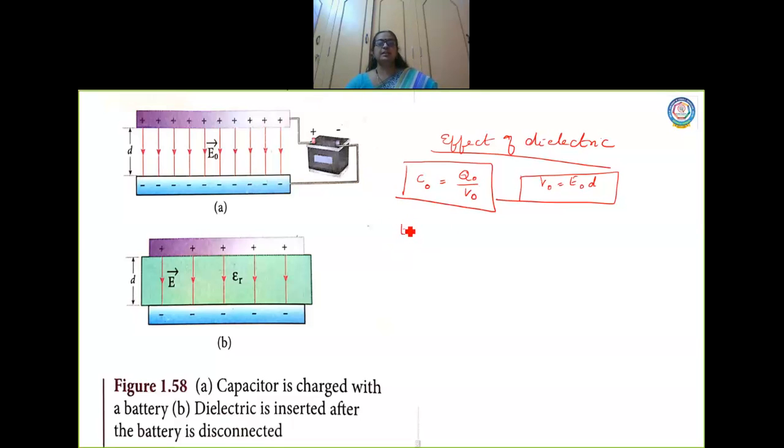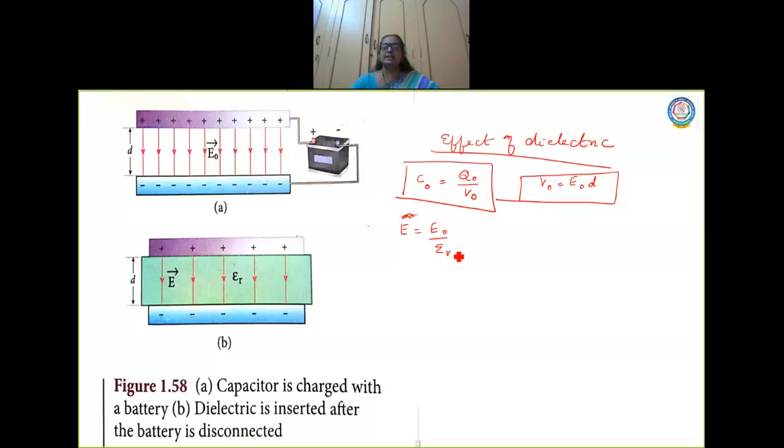The value by which the electric field decreases is given experimentally. The electric field that was reduced was found to be, or simply we will not have this E vector, E is equal to E naught by epsilon R. What is this epsilon R? Epsilon R is nothing but the dielectric constant or relative permittivity. Hope you remember this, we have learnt it in the first chapter.